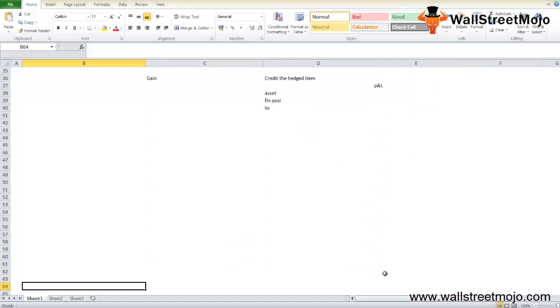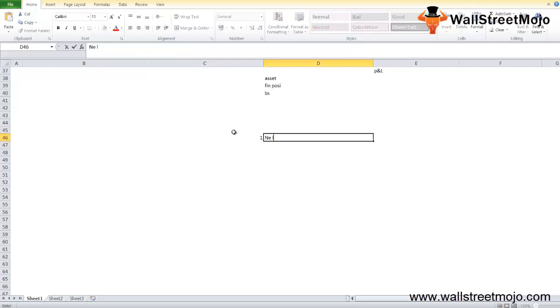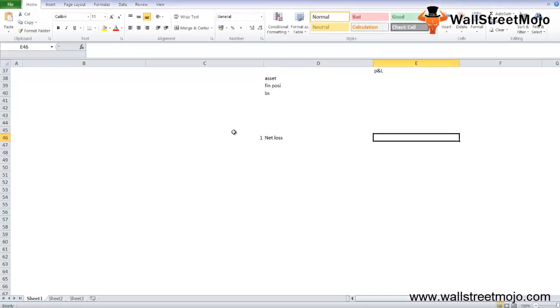So the net effect of both the hedged item and the hedging instrument: the net loss on the date of the reporting period will decrease the overall profit of the company, and there is a net reduction in the net assets of the company.